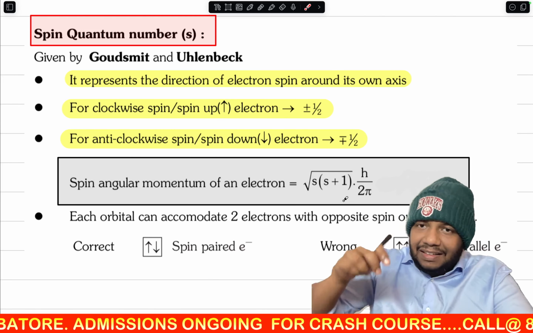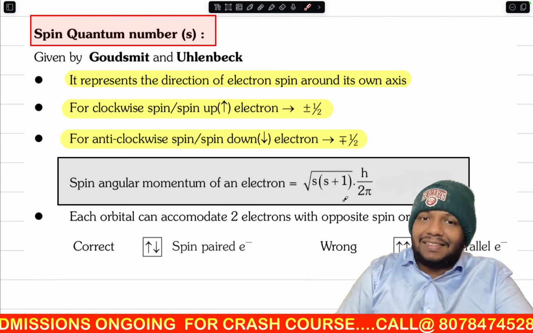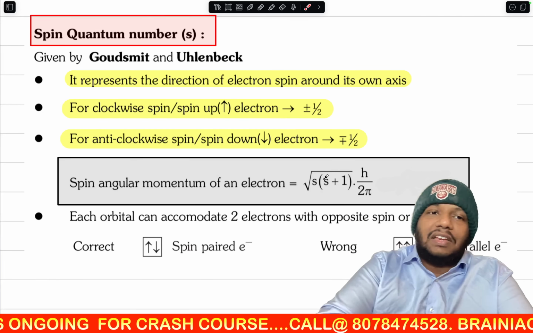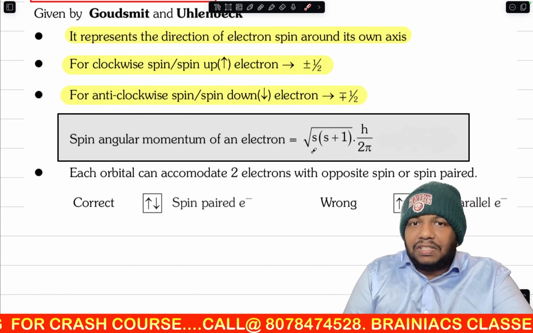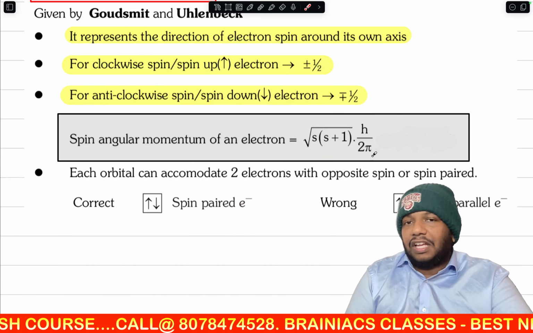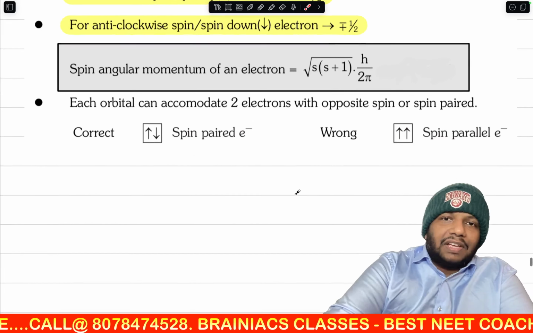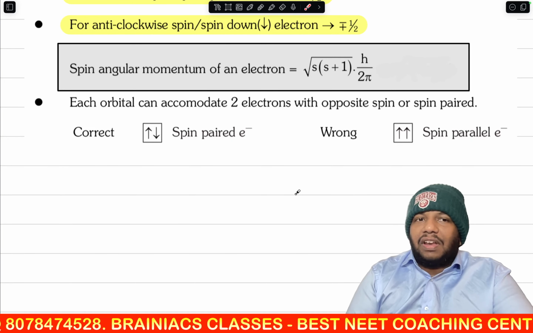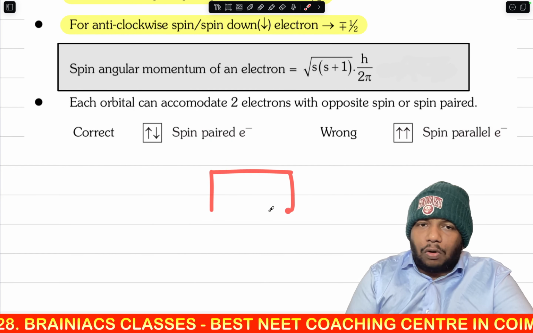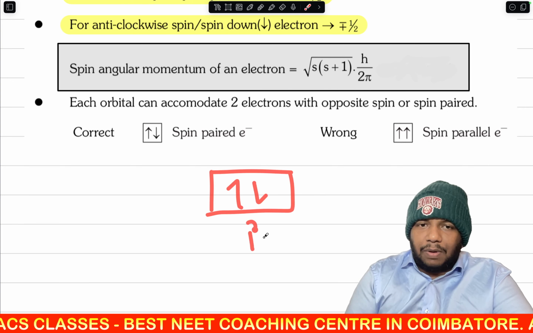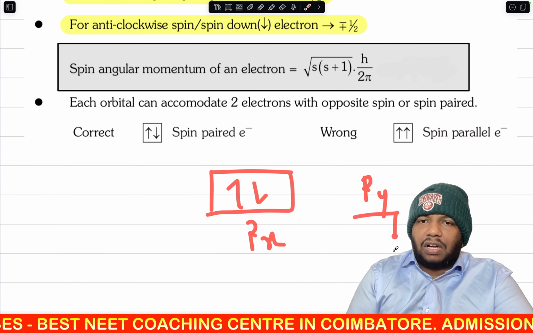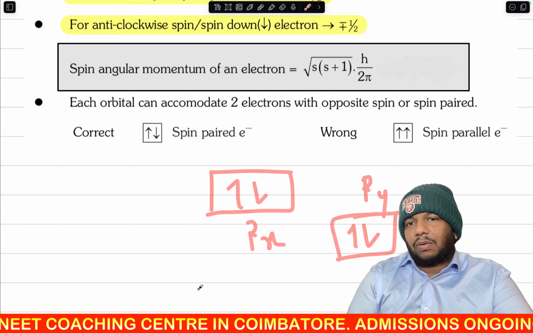And since the electron is spinning on its own axis, we have another angular momentum, called spin angular momentum, which is root of s into s plus 1 times h by 2 pi. Please understand how to represent two electrons. We know that an orbital can hold a maximum of 2 electrons, for example px or py.